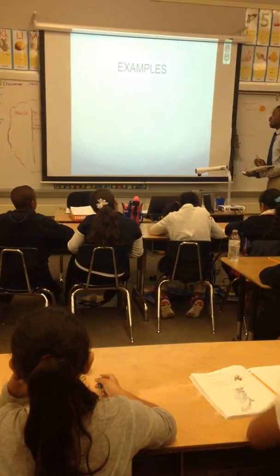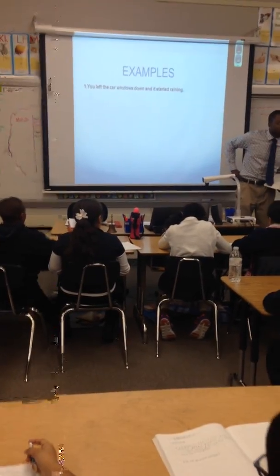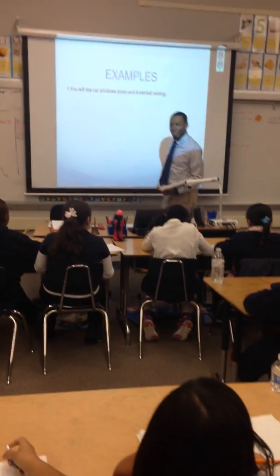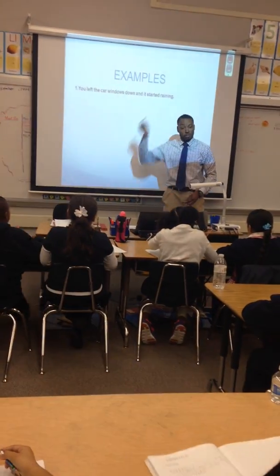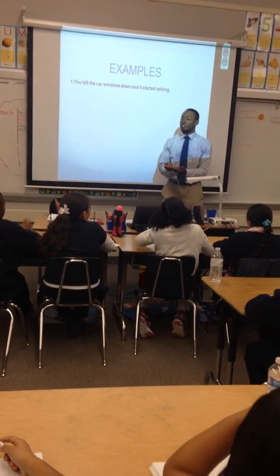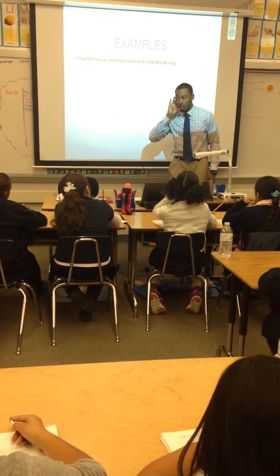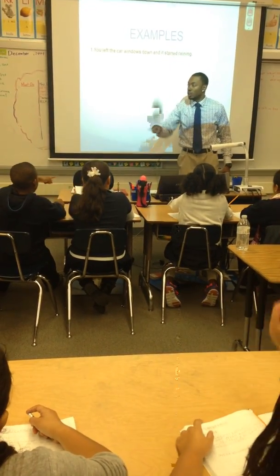All right, so I'm going to show you some examples. You left the car windows down, and it started raining. I'm going to take the information from the text and what you hear with your prior knowledge to make a really good guess.